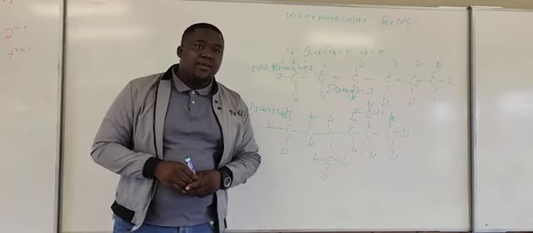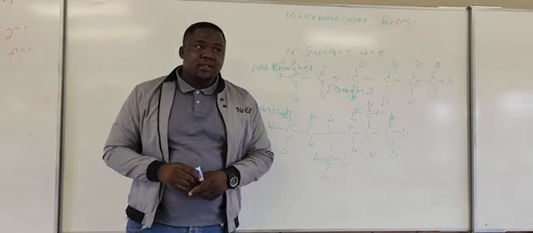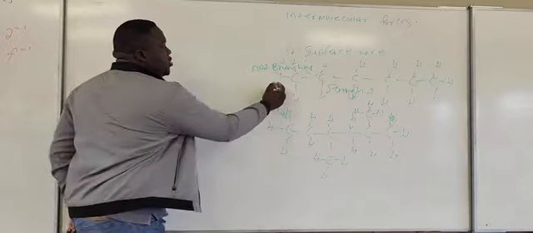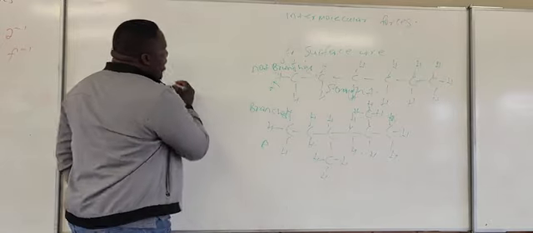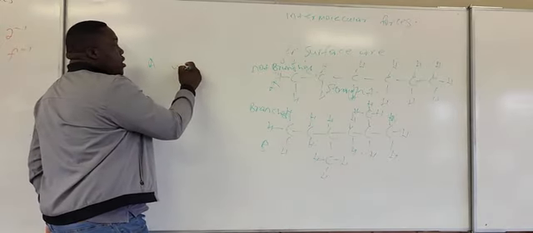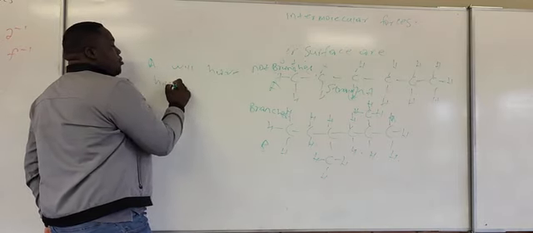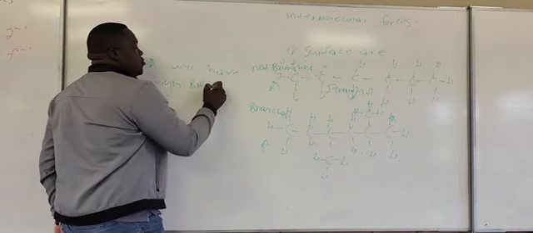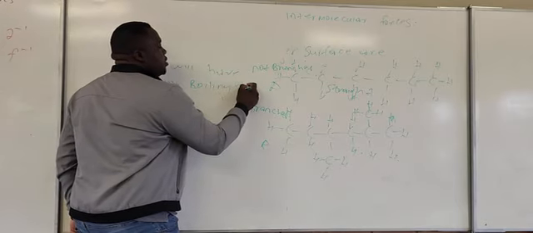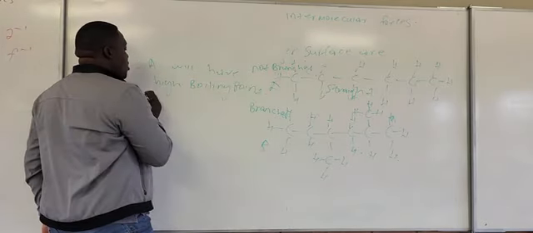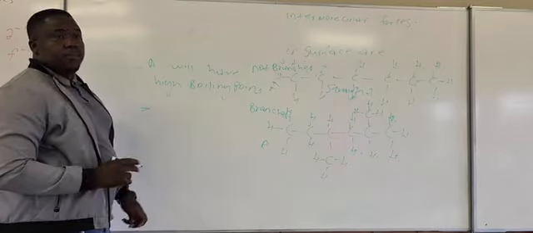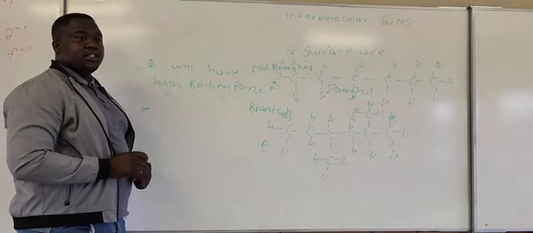What will happen? Which one will have, this one is A, this one is B? A will have a high boiling point. Why? Because it is straight.